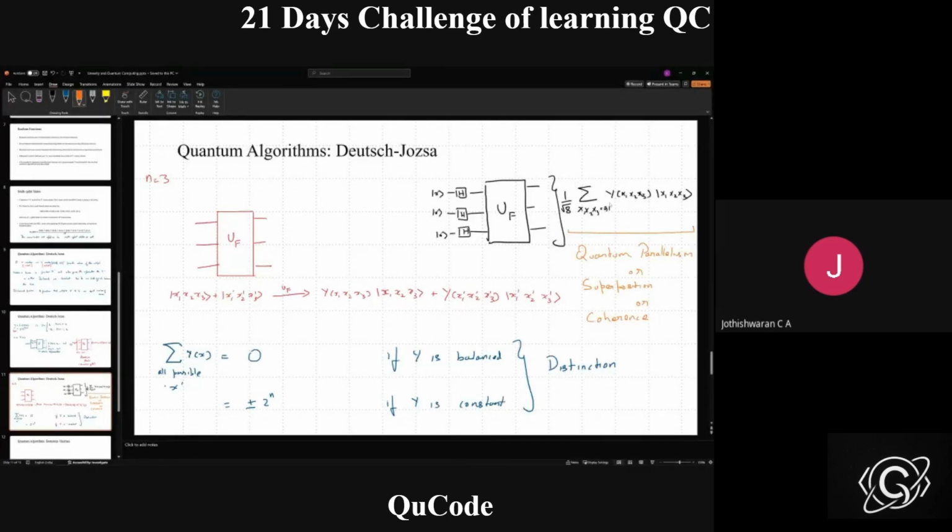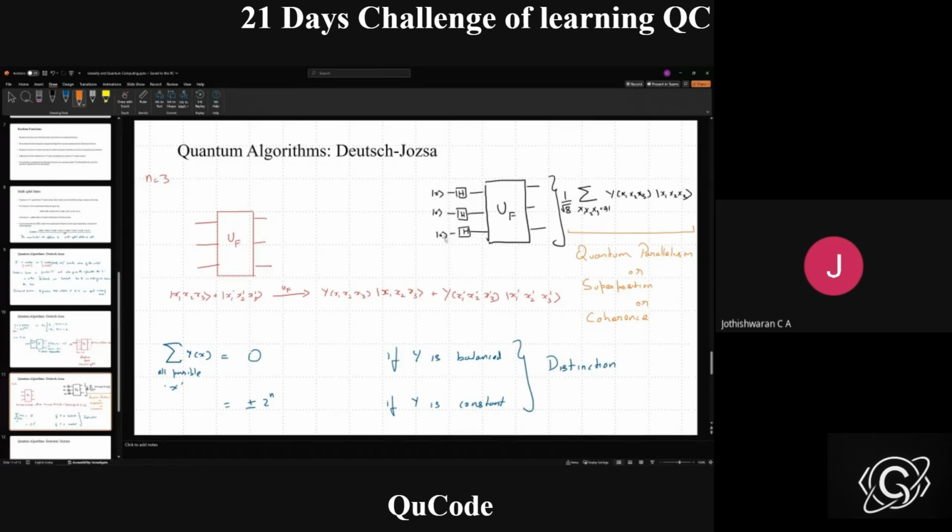So from here, in that one more step, I will just apply 3 more Hadamard gates on this end. If I apply 3 more Hadamard gates on this end, then my output is going to depend on these values. So what will happen is, if y was a constant, then the output state will become 0, 0, 0.